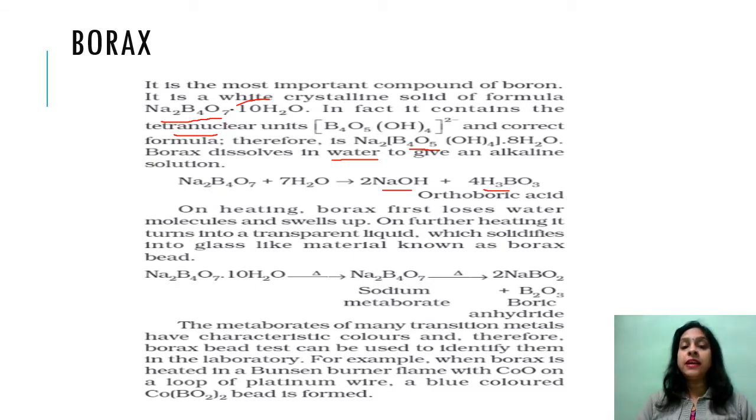When we heat up the borax, it loses water molecules, obviously because it is a hydrated salt, and then it swells up. धीरे धीरे क्या हो जाएगा? Swell हो जाता है, फूल जाता है ये.